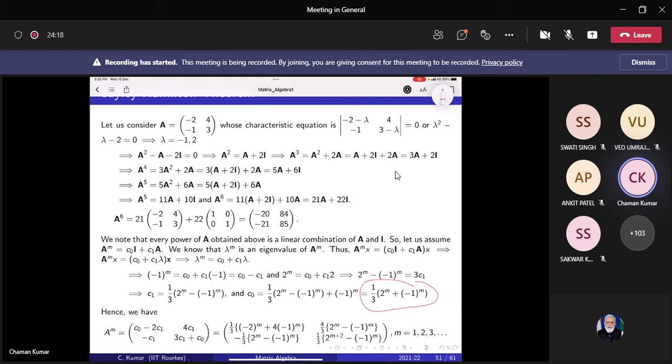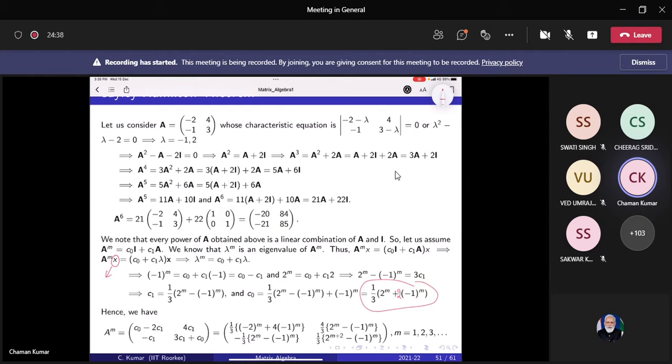So 2 is missing. Okay, so you can check the calculation. This is mainly a typing error. Rest is fine; the A raised to power m matrix is fine.